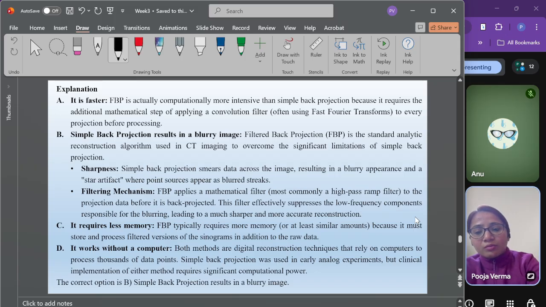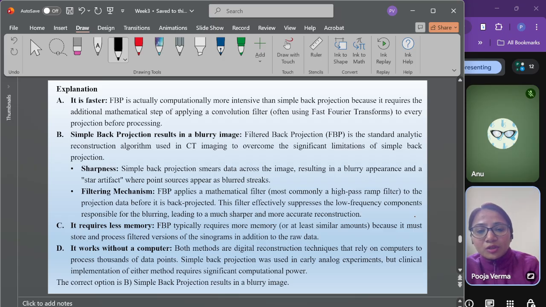Now the next option is it requires less memory. FBP typically requires more memory, or at least a similar amount, because it must store the processed filtered version of the sinograms in addition to the raw data. It requires more memory, not less. And the next option is it works without a computer. Both methods are digital reconstruction techniques that rely on computers to process thousands of data points.